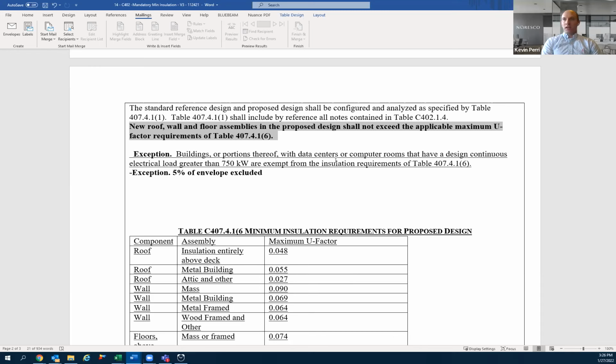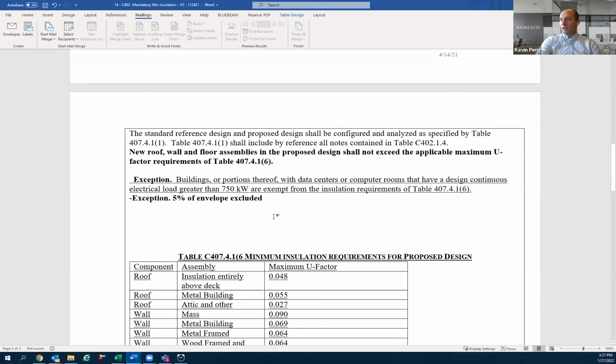So with that being said, the committee is now called to vote. You are now voting on the proposal as submitted here with the intent to modify this percentage of envelope exclusion and to modify this sentence to make it match up with code language. So all those in favor of that motion, please raise your hand.